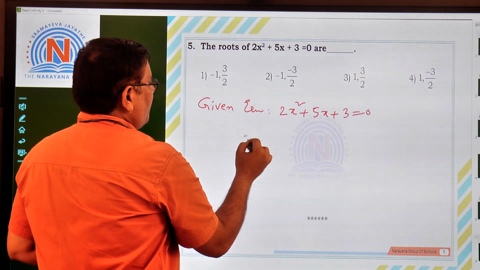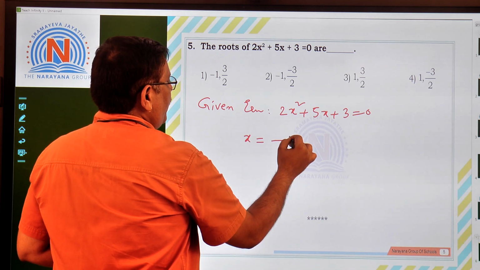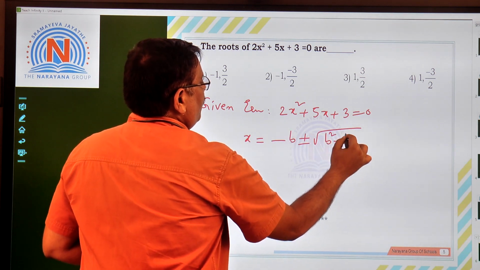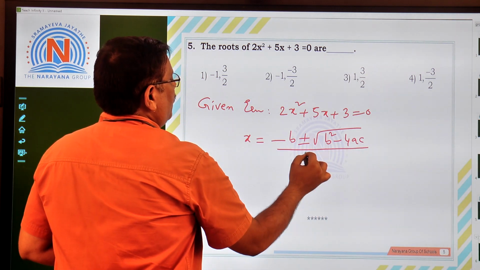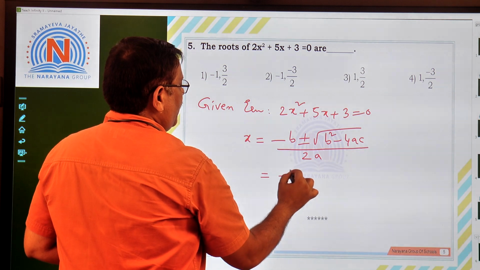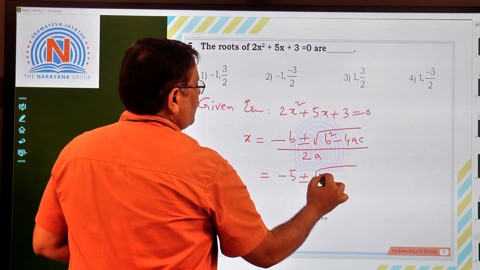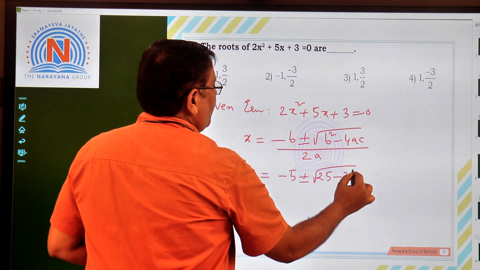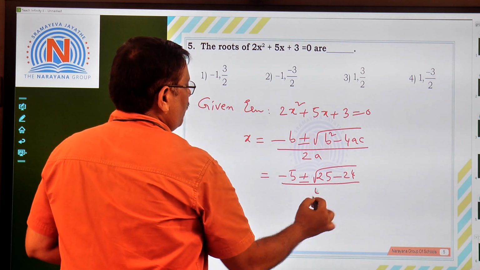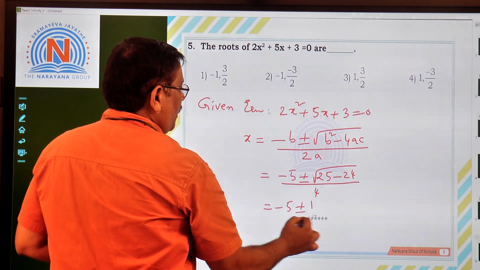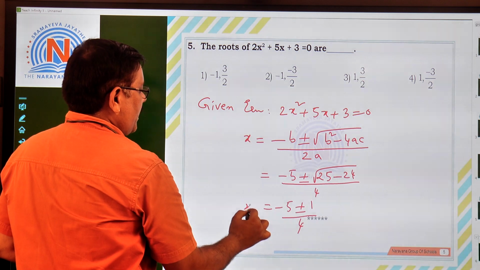If you apply the quadratic formula, x is minus b plus or minus under root b square minus 4ac upon 2a. That is minus 5 plus or minus under root 25 minus 4ac, that is 24, upon 2 2s are 4. So here we have minus 5 plus or minus 1 upon 4, this is x.